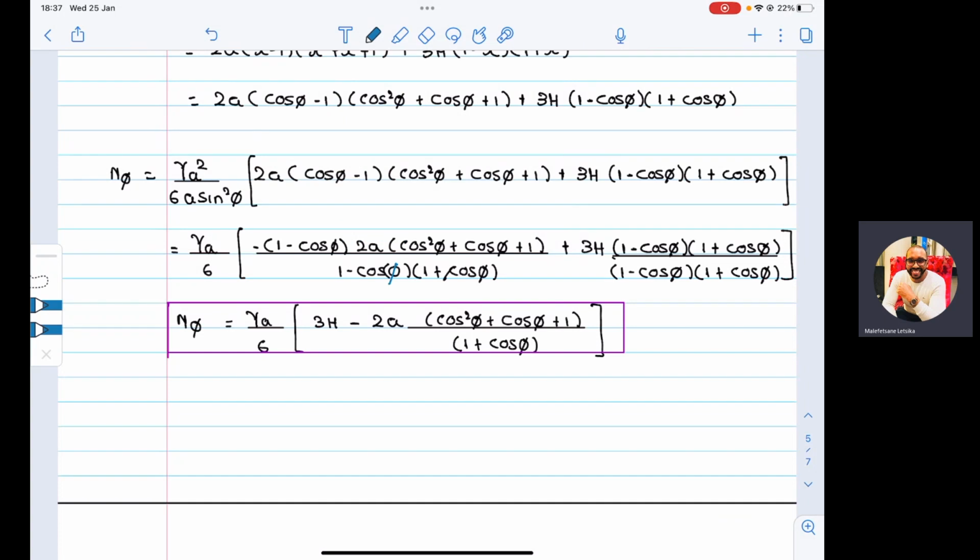So sine squared, I'm talking about this sine squared phi here. If you remember its trigonometric identity, sine squared phi is equal to 1 minus cos squared phi.